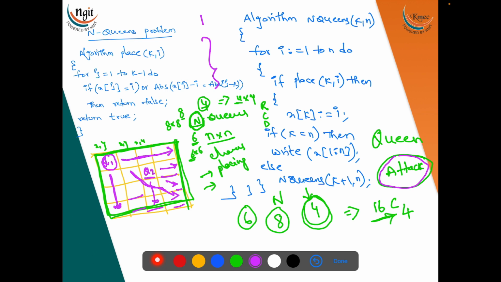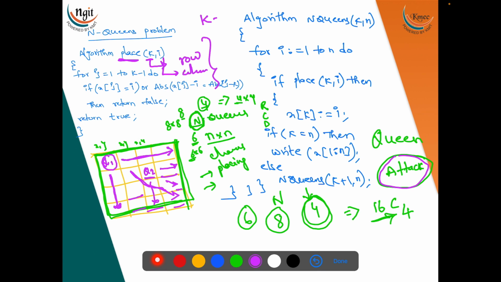So first, this piece of code will help you place the k-th queen into the n by n chessboard. This is placing the next queen. If I want to place a queen, concentrate here: I am taking k to represent the row and i to represent the column.